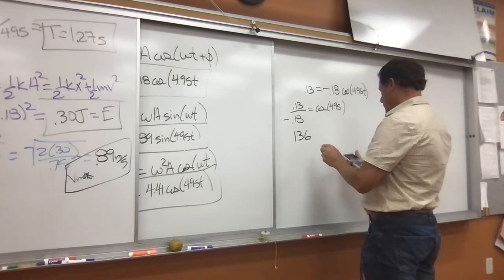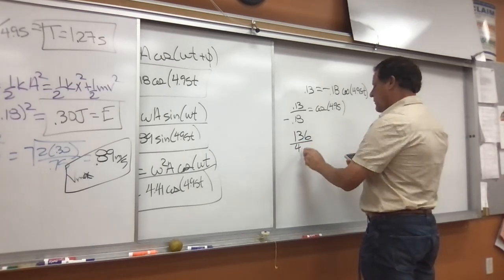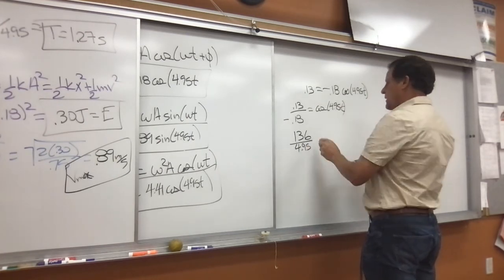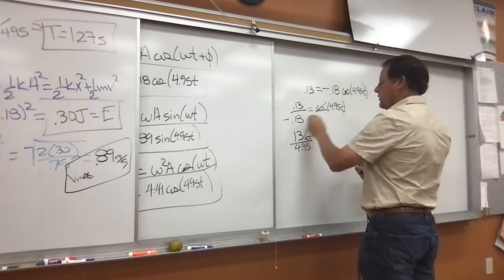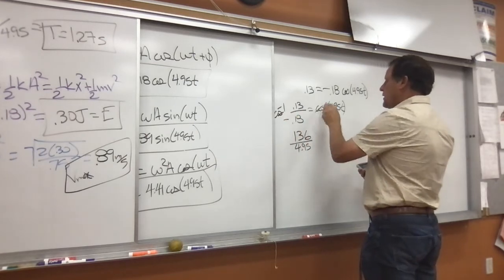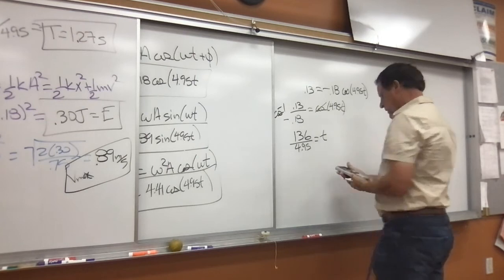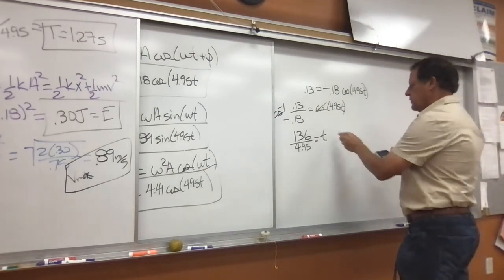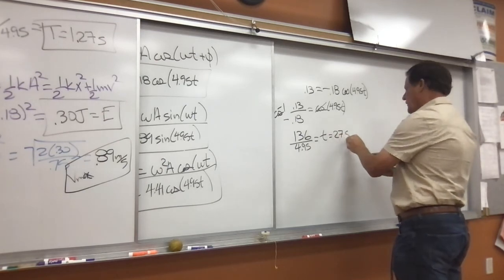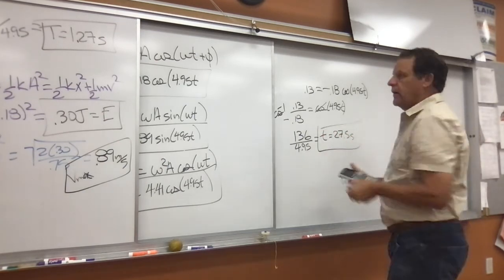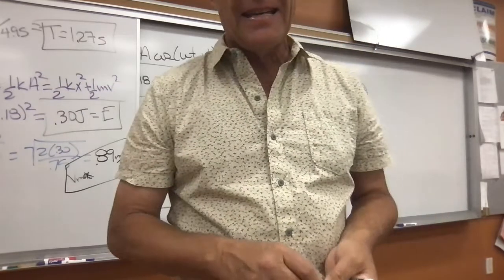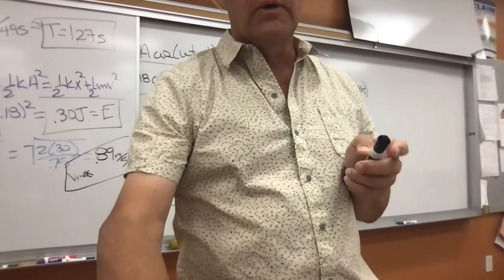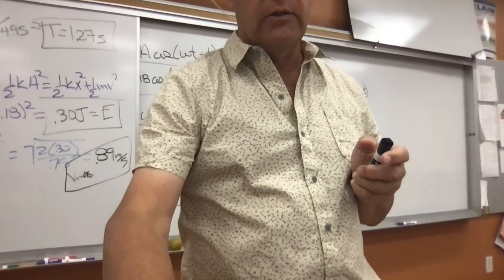And we're going to divide that by 4.95, because when we take the inverse cosine, that's going to drop that out, and we're going to get t. And that's going to give us a time of 27.5 seconds. All right, you guys, that does not seem right to me. So I'm going to stop and double check this and see what's going on.